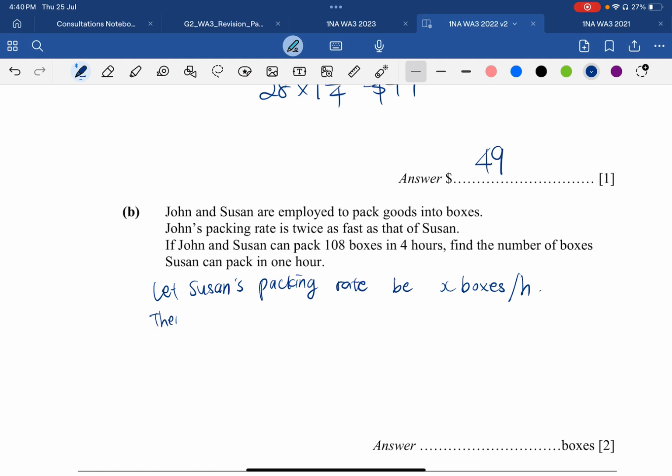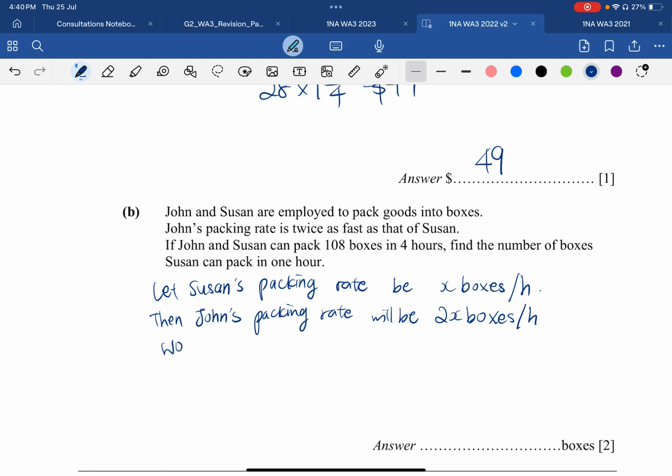Then John's packing rate is twice as fast, so if Susan can pack x boxes per hour, he can pack 2x boxes in 1 hour.